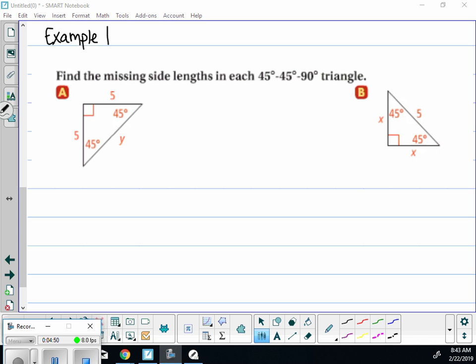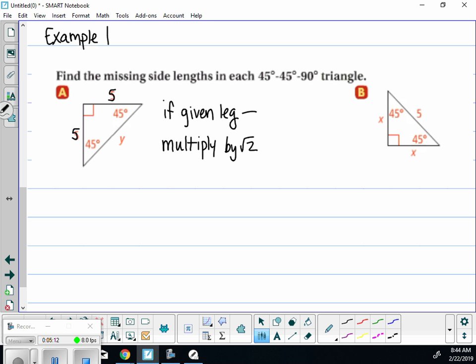So in A, they're giving us the sides, the legs. Okay. So if you're given the leg, you are going to multiply by the square root of 2 to find the hypotenuse.